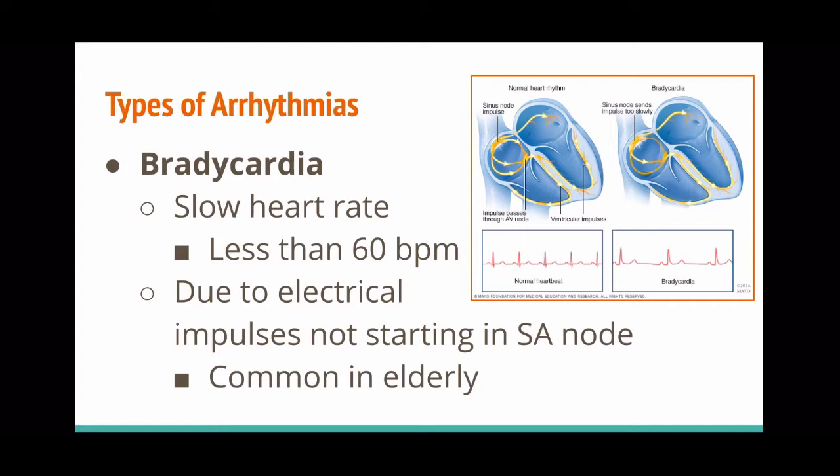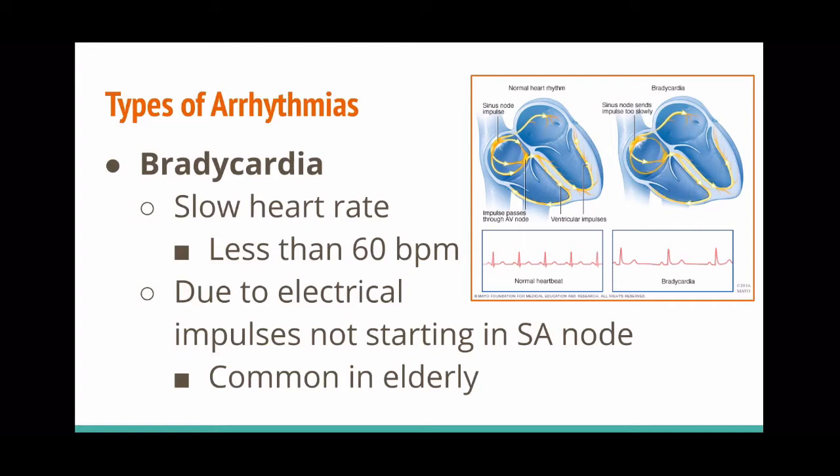Or they are not sent to the ventricles through the proper channels, which causes your heart to beat slower than it should. Bradycardia is common usually in the elderly, but it can affect even the very young, but it's not as common.